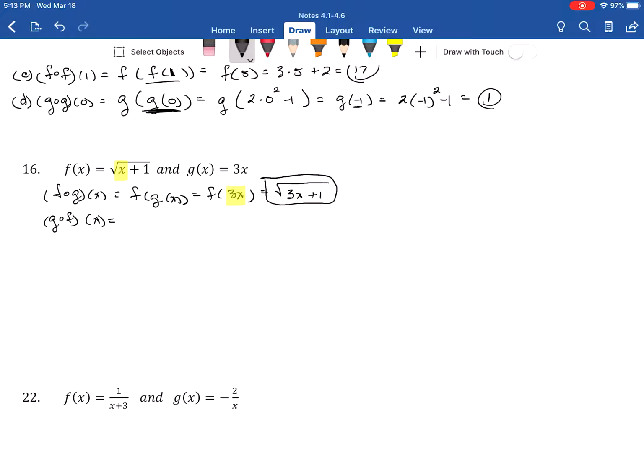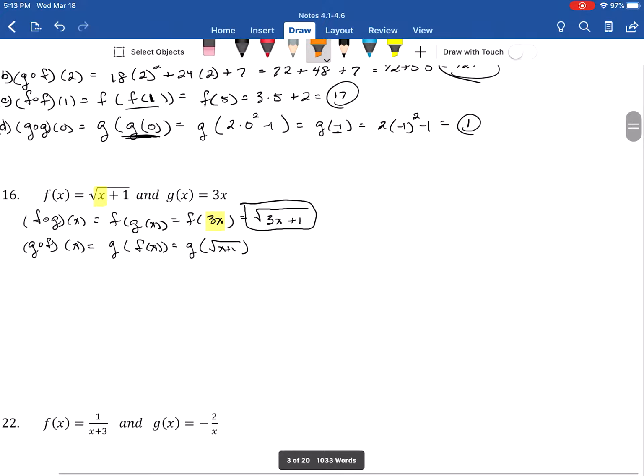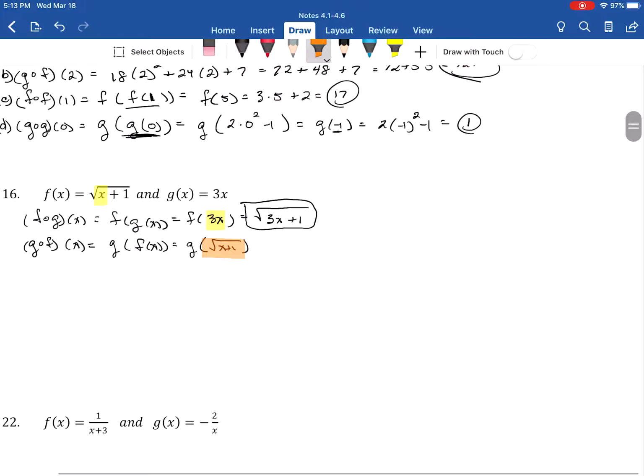We're putting f into g. Putting all of this, which is equivalent to f, into function g right there.